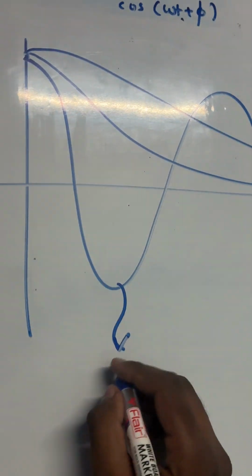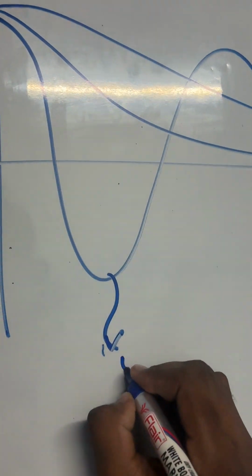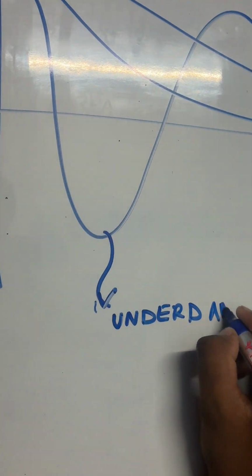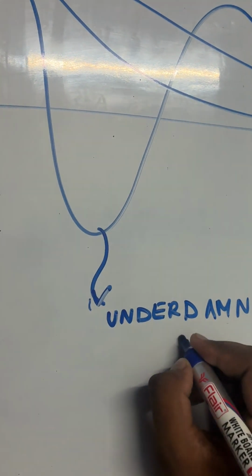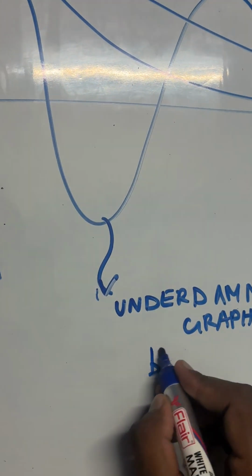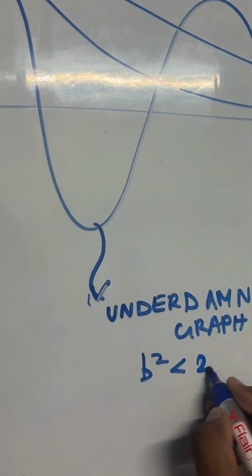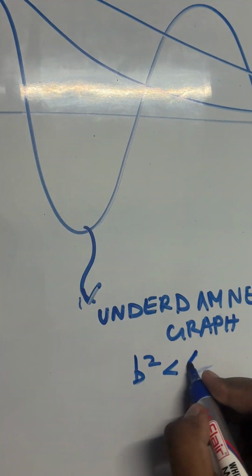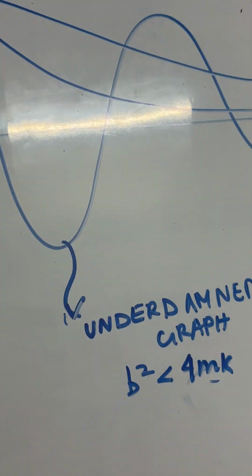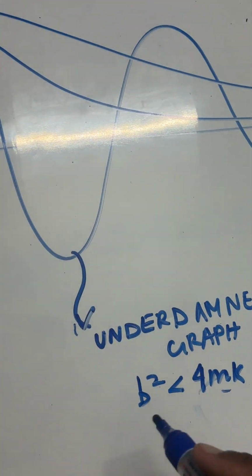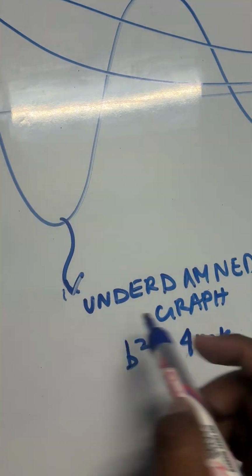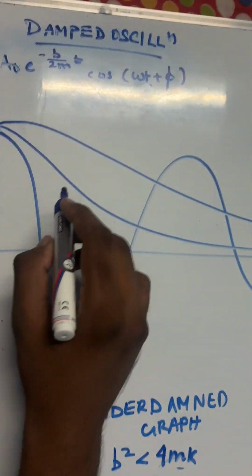This graph represents an underdamped graph. Here b squared is less than 4mk. M is the mass, k is the spring constant, and b is the damping constant. Okay, this is the underdamped graph.